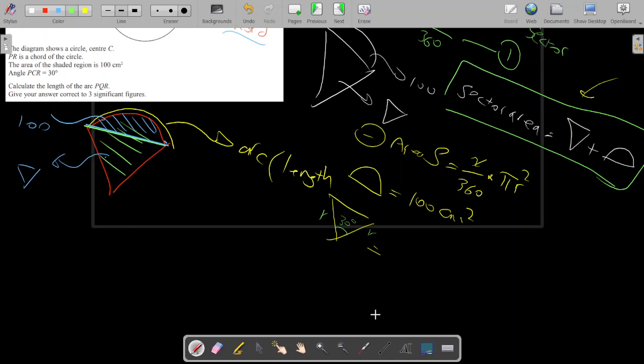So now what you need to do is find out how to express all of that in one term. To put it shortly, area of sector is going to be equal to area of triangle plus area of shaded region.